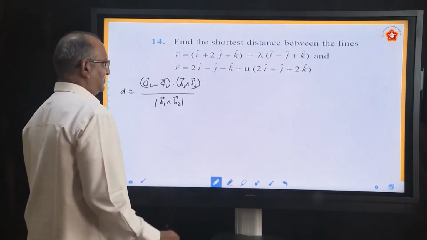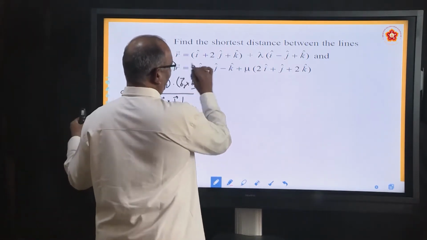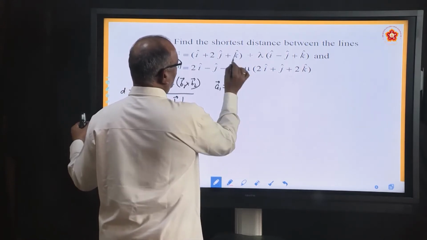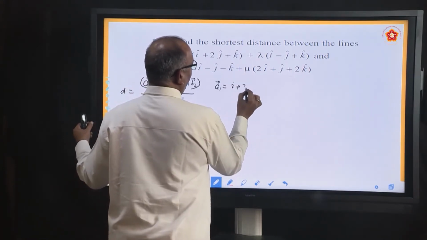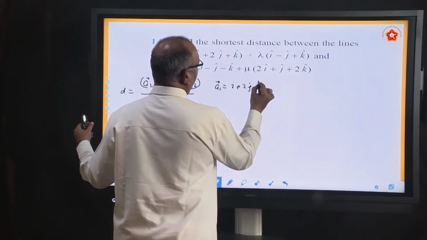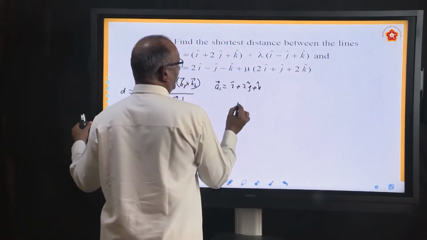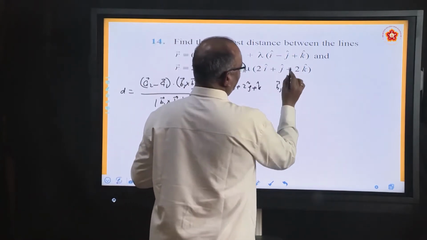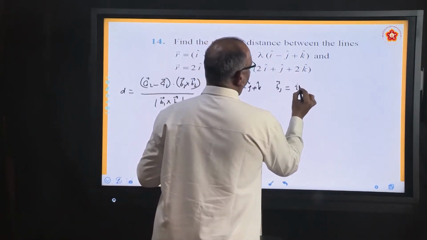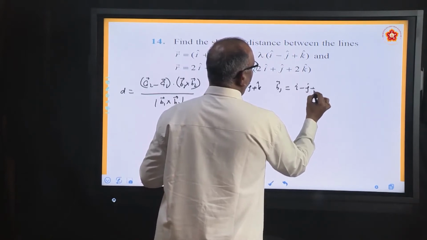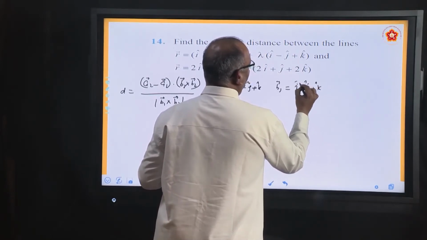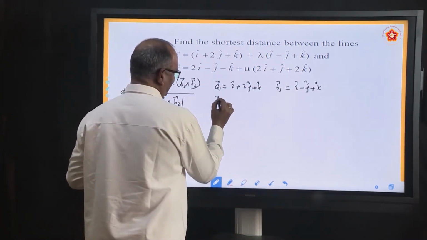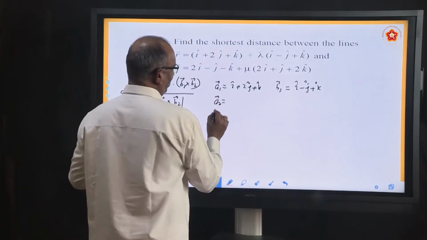So, do that. Here from the first equation, A1 is 1, 2, 1. B1, whatever is there with lambda, is 1, minus 1, 1. A2 from the second equation is 2, minus 1, minus 1.